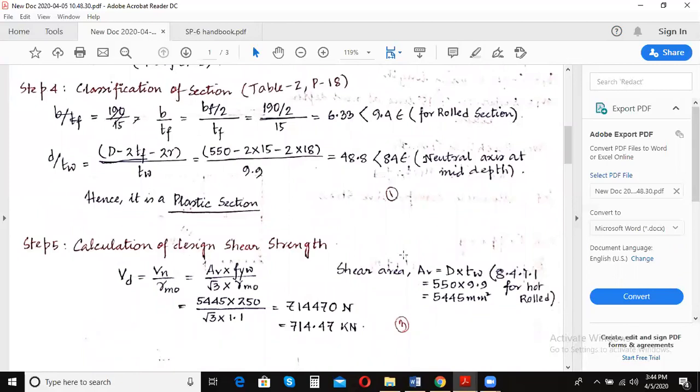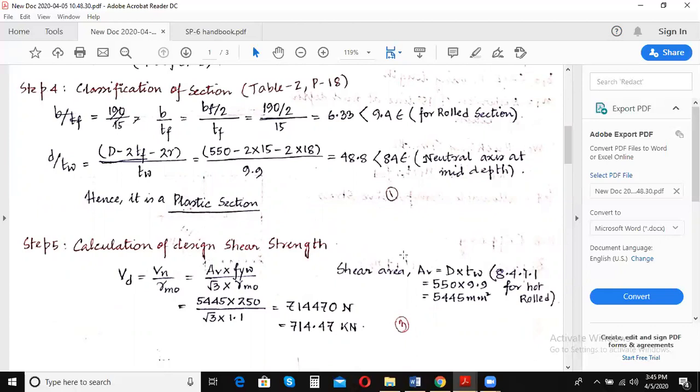There are 4 types of sections in which we can classify a beam. First is the plastic section, second the compact section, then the semi-compact, and last the slender section. Whenever you are classifying the section, you have to make sure that it is not a slender section, because a slender section has a high probability of undergoing buckling or failure.